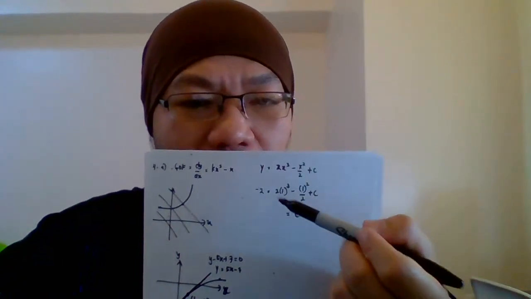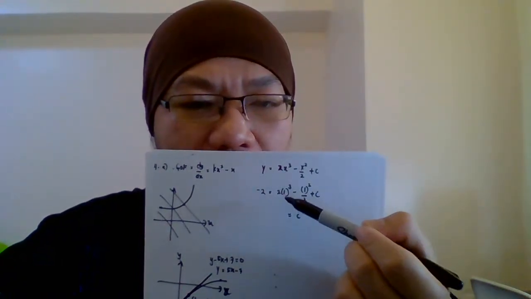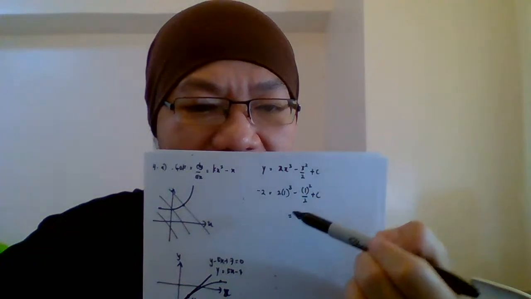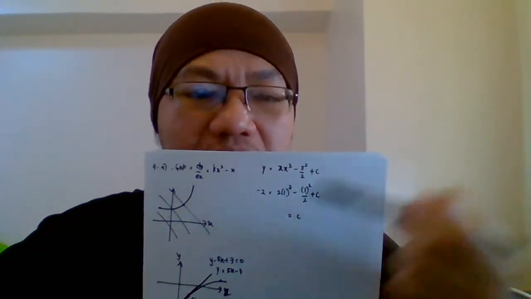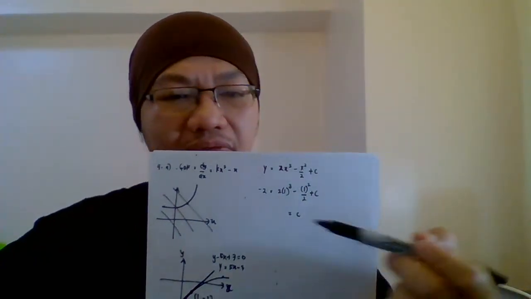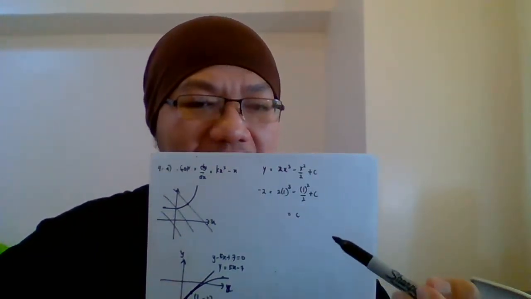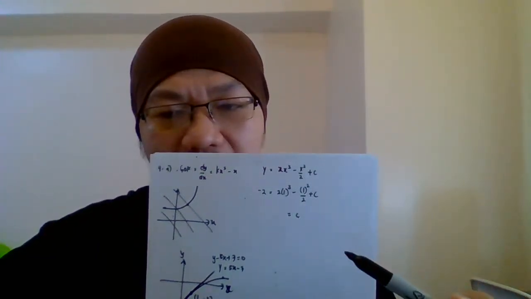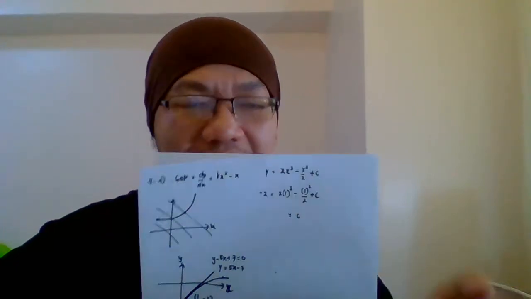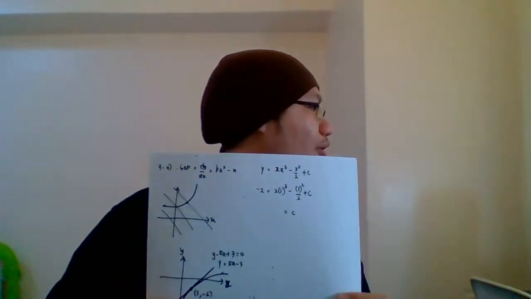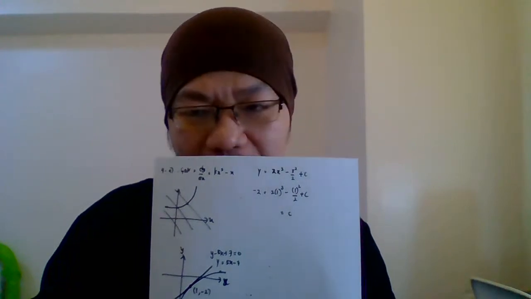When you substitute and calculate, you get c. After you get c, you need to update your equation y equals to blah blah blah plus the actual value of c. Then settle the question for the second row. That is number 4A.